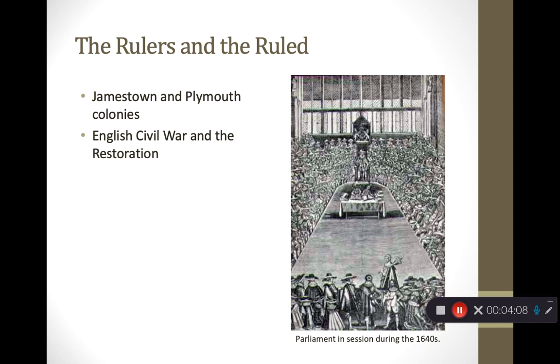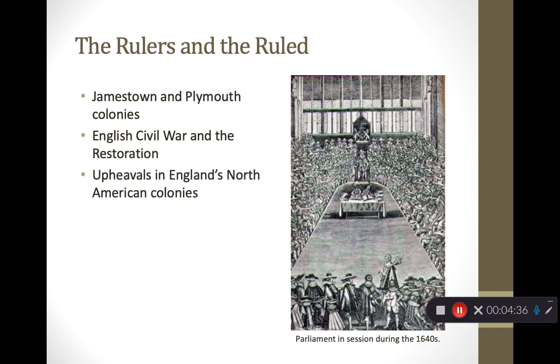But the basic reason for this is that it's really important to understand what's going on in England itself in order to understand what's going on in England's colonies during this period. So it's important to understand how the English Civil War and the later restoration of the English monarchy impacted England and also had a really big impact on its colonies in North America.